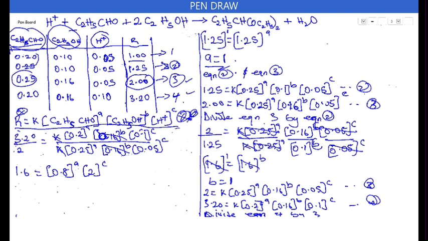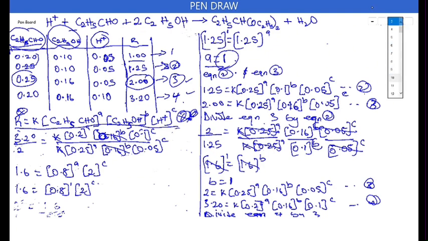Don't forget that we have 1.6 equals 0.8 raised to power a. The value for a we have is 1, so we raise to power 1, and then we have 2 raised to power c. So we can have 2 raised to power c equal to 1.6 divided by 0.8. Let me explain how we got that.